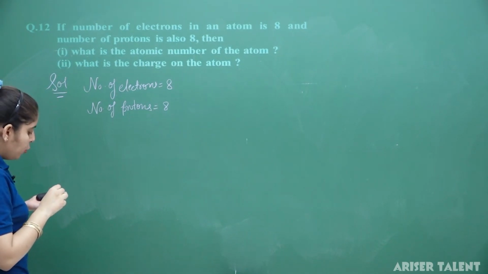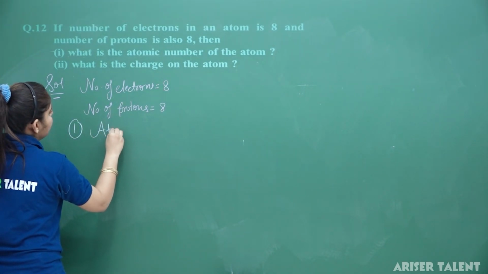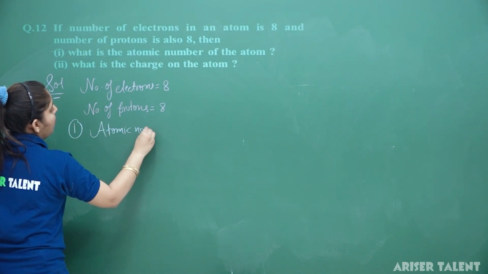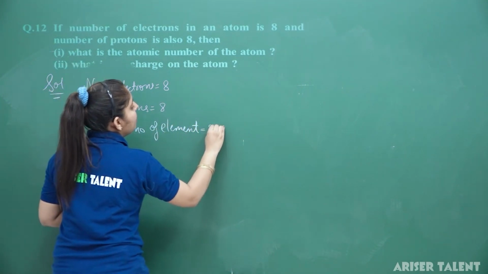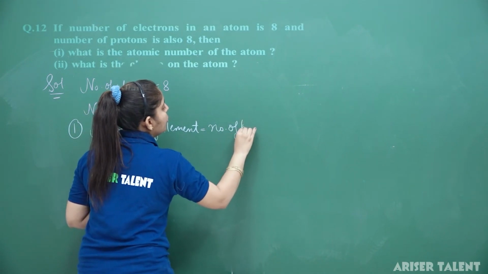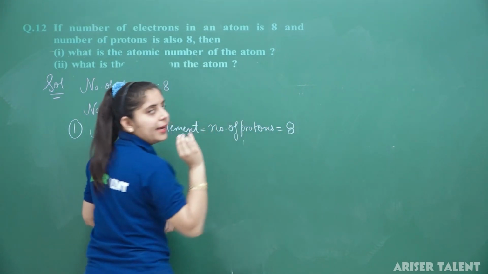Now we want to conclude the atomic number for that element. The atomic number of an element is the number of protons. So the correct answer is 8.